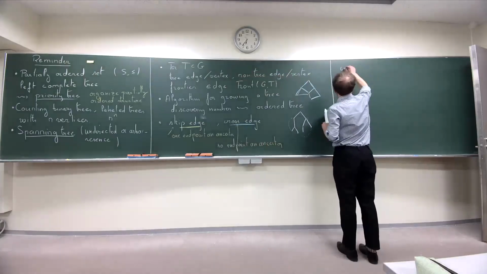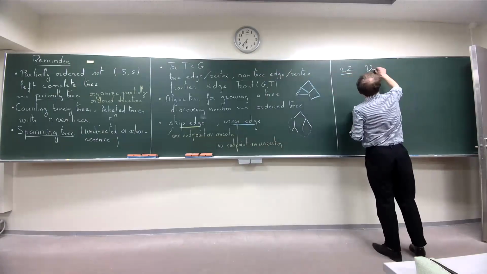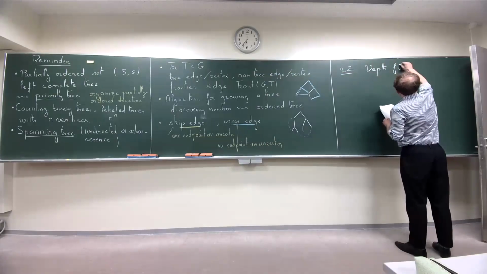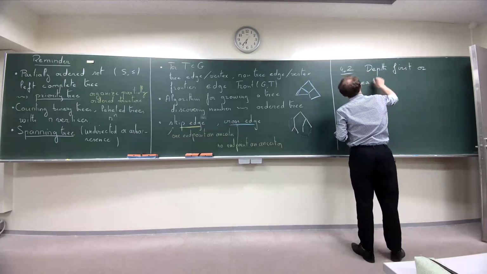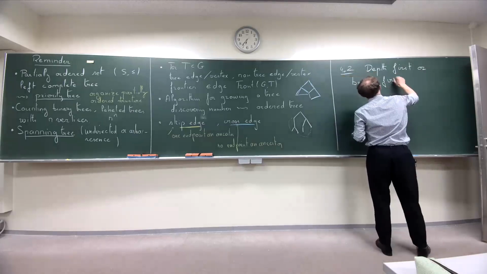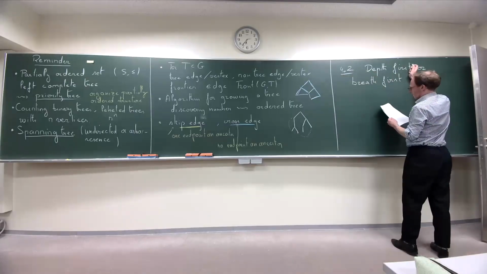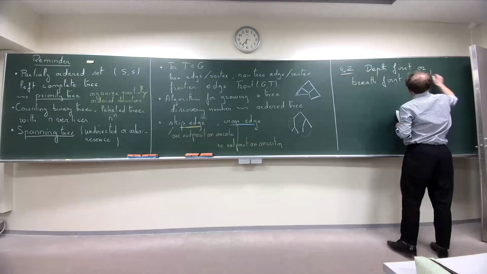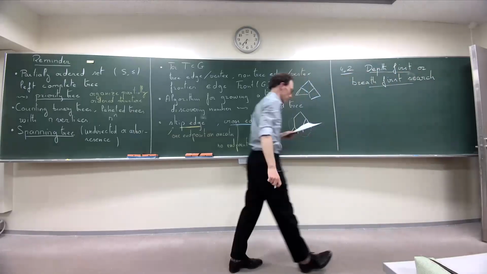So the first section, 4.2, is about depth first or breadth first tree search. So I will explain what are these two words.